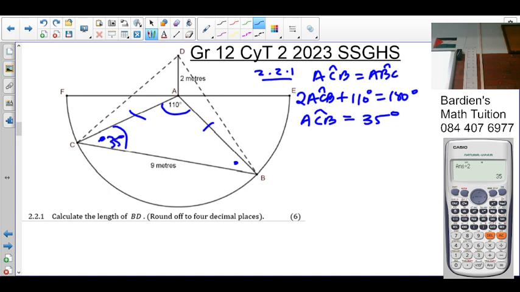Okay, so now I apply the sine rule. AB over sine 35 is equal to 9 meters over sine of 110 degrees.